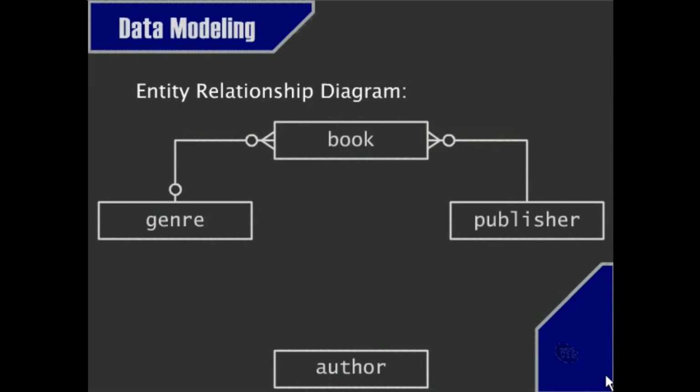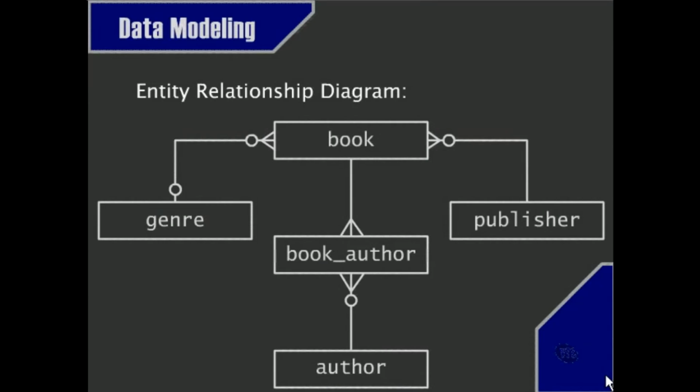Now, we could simply put a one-to-many relationship there between books and authors, but that would only allow books to be written by one author. That is not a rule that we can impose on our library, especially if we're going to be using technical or non-fiction books, many of which are written by more than one author. In order to represent a many-to-many relationship, as in any number of books can be written by more than one author, we have to use a bridging table.